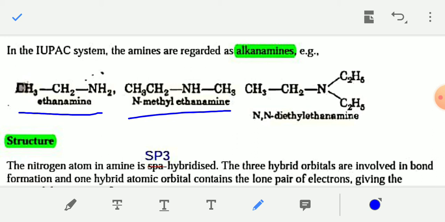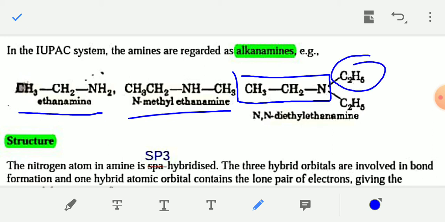So during naming 3 degree amines, you have to write the name of amine according to the main chain alkyl group, and the other two alkyl groups are taken as substituents.